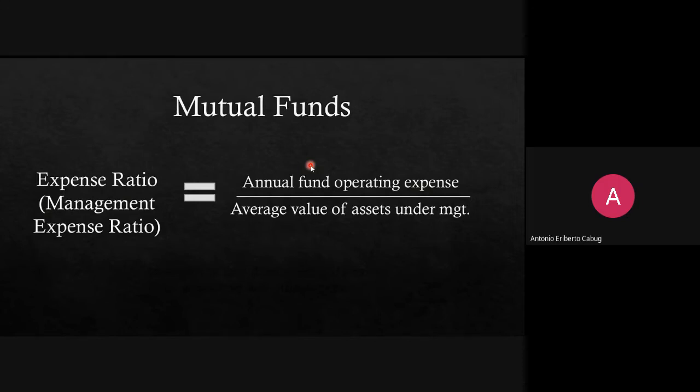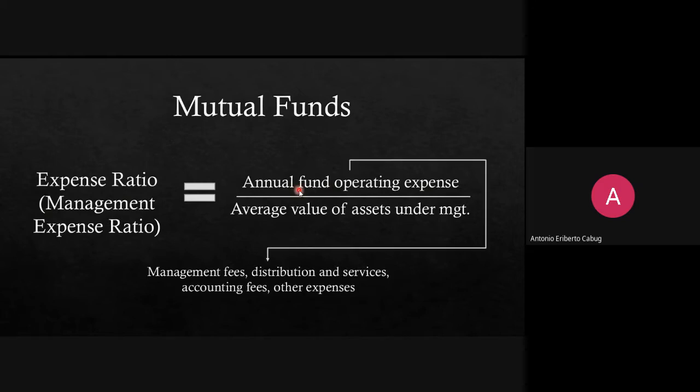So, you would see, yung annual fund operating expenses, a big chunk of it would go to management fees. It will also go to distribution, services, accounting fees, and other expenses. Pero ang iingatan nyo dyan, si management fee talaga. Ingat kayo. Some mutual fund companies, they are charging you a lot of management fees.